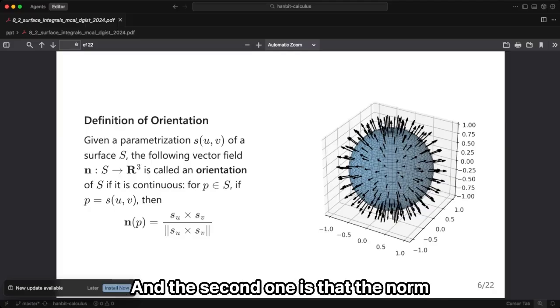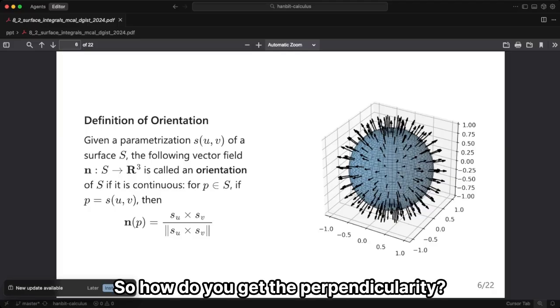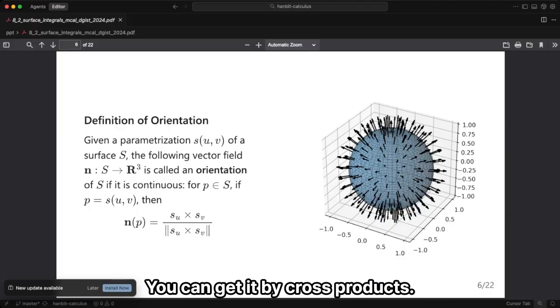And the second one is that the norm of the vector field is always 1. So how do we get the perpendicularity? You can get it by cross product. That's why we need the cross product. And we need normality, so that the length of the vector is always 1. So you have to divide by the length of this cross product to ensure that the length is 1.